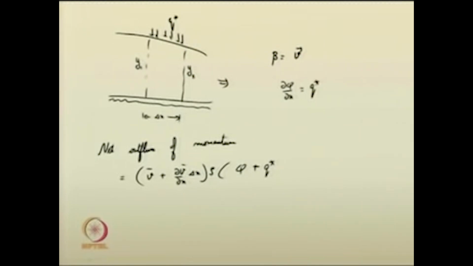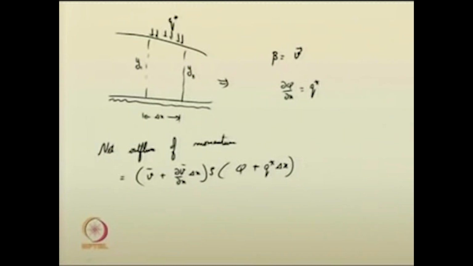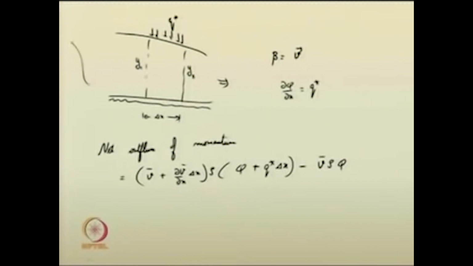I can replace dou Q by dou x, which is nothing but q star. Then minus the inflow, V rho Q. Whichever section we take, we are taking the average velocity in these sections, so I am putting the bar here. V rho Q is the influx of momentum, and the other quantity is the outflux of momentum.